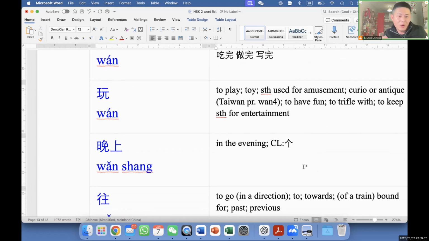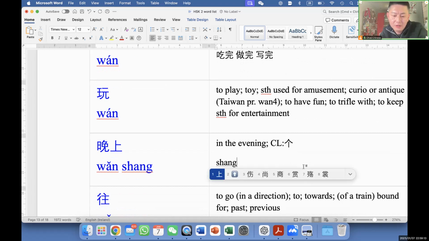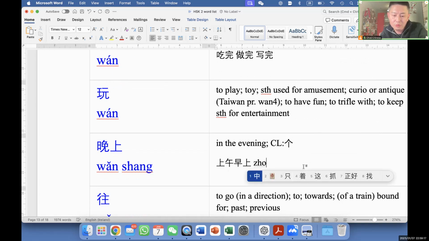And we have 晚上, evening. 上午, we have the time of the day: 上午, 早上, 中午, 下午, and 晚上.